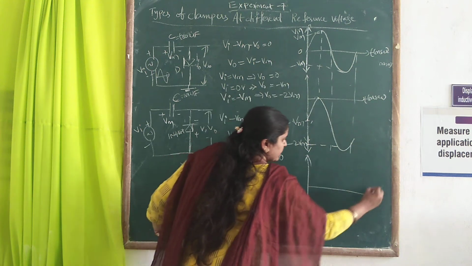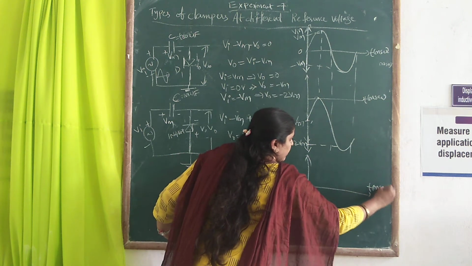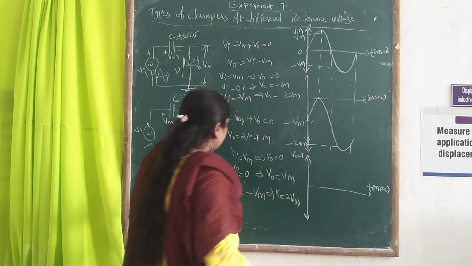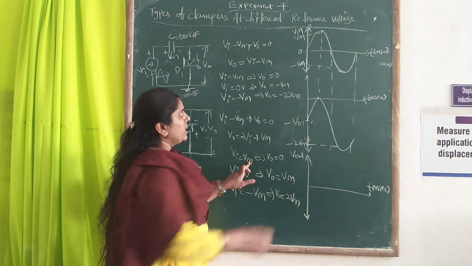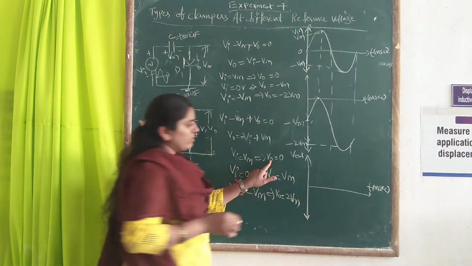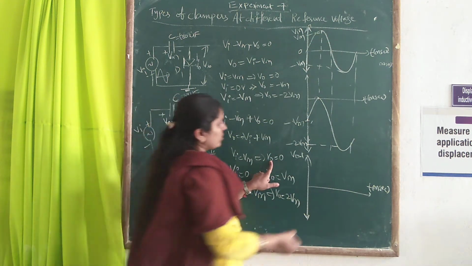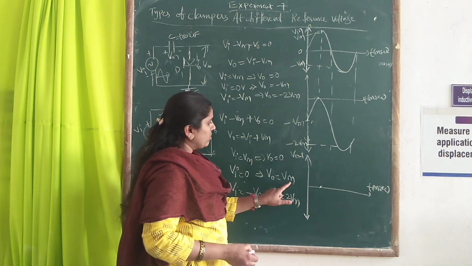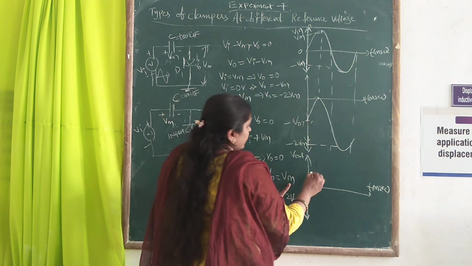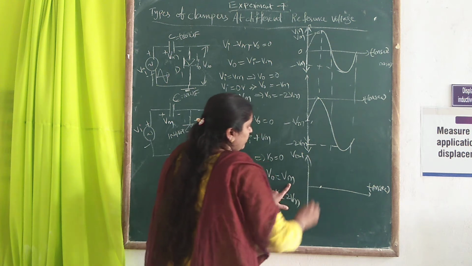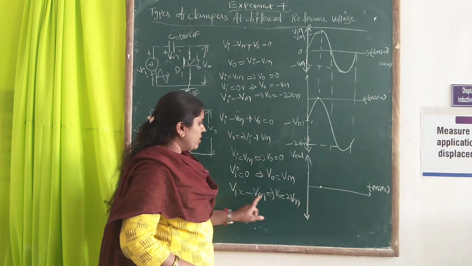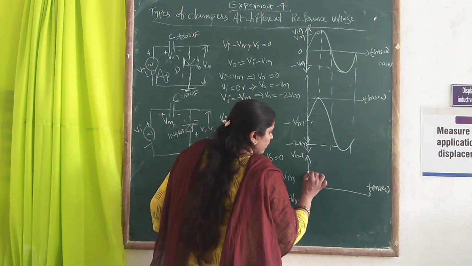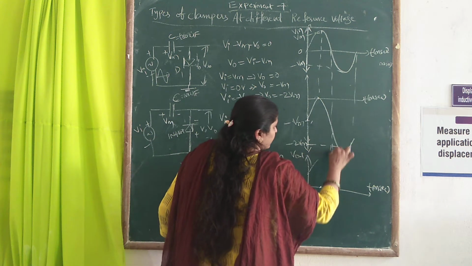Here x-axis is time, y-axis is voltage, V out. When Vi is equal to Vm, V0 is equal to 0. Next, when Vi is equal to 0, we get V0 equal to Vm. Next, when Vi is equal to minus Vm, we get 2 Vm. So we get this type of waveform here.